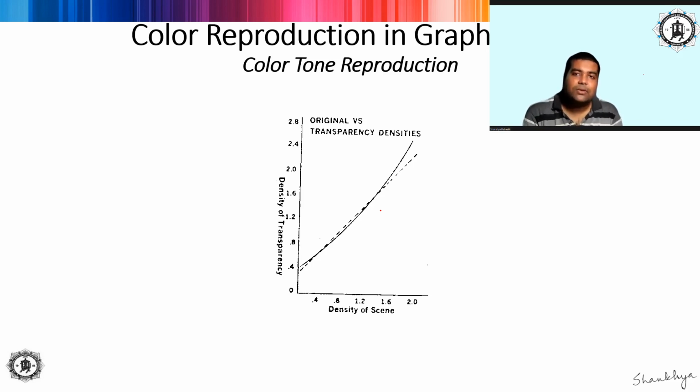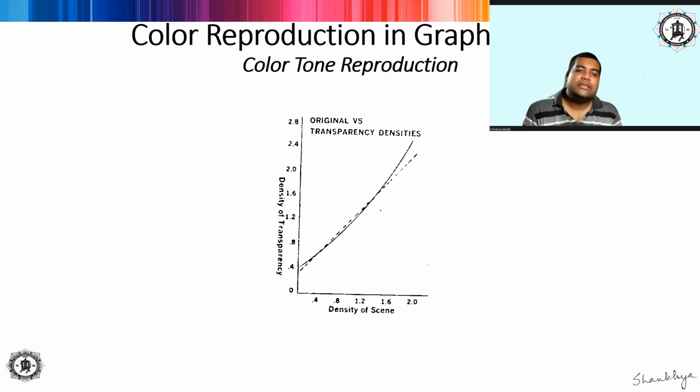Scene over here is the original continuous tone. If you observe this carefully, what you will see is that the transparency has exaggerated the contrast and the density range of the original scene. Moreover, the way in which the transparency is viewed will also make a difference.